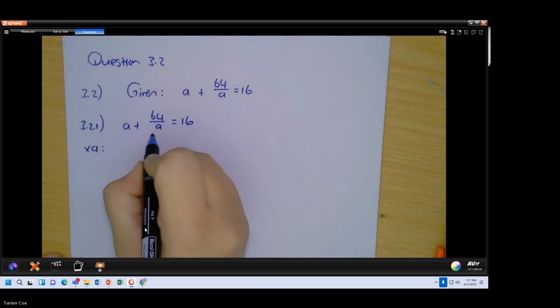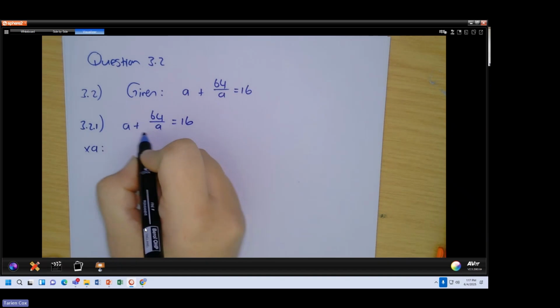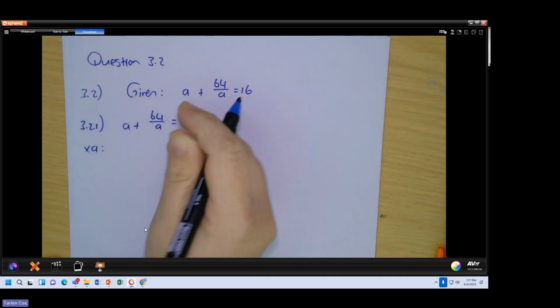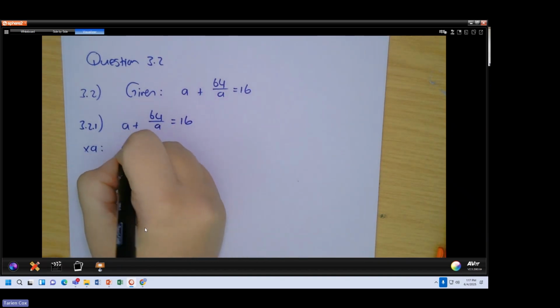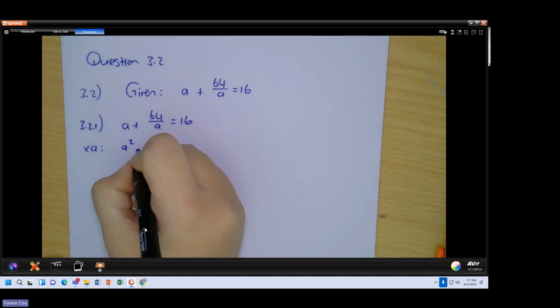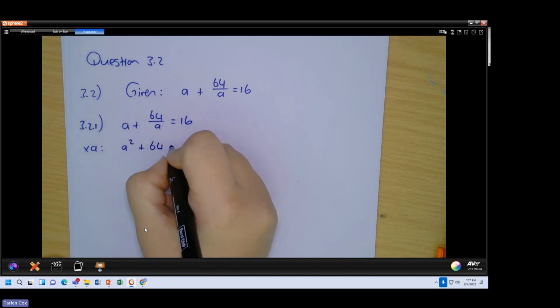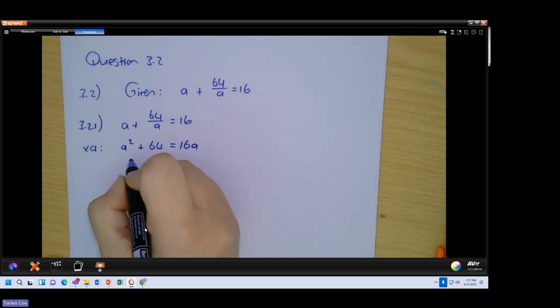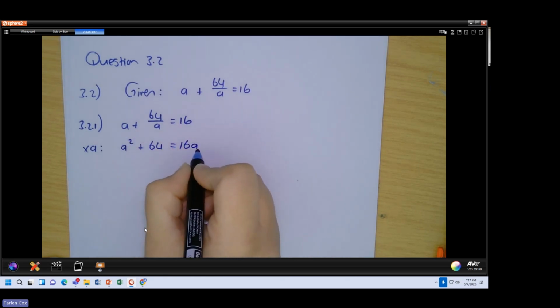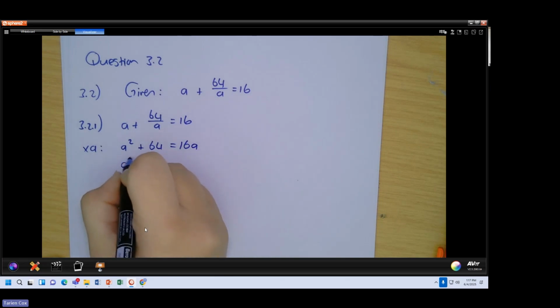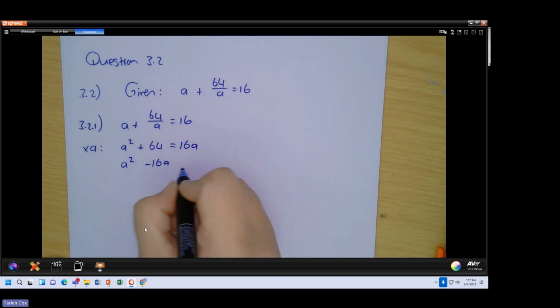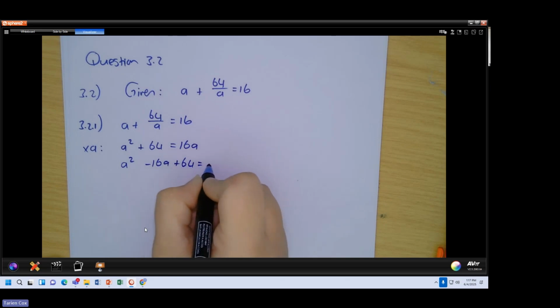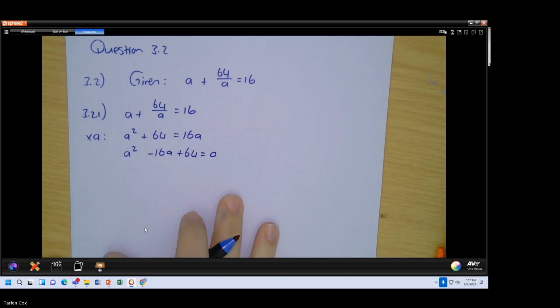So we multiply each term with A, which gives me A squared plus 64 is equal to 16A. Then I realize it's quadratic, which means it needs to equate to 0, so I put it in standard form: A squared minus 16A plus 64 is equal to 0.